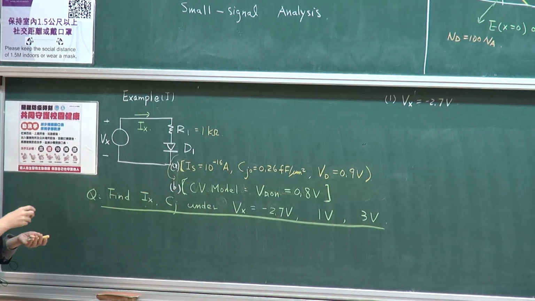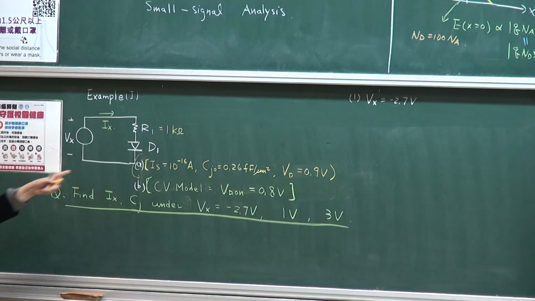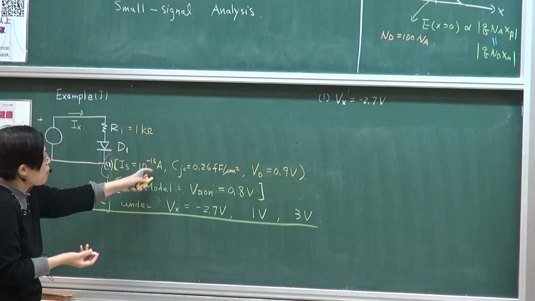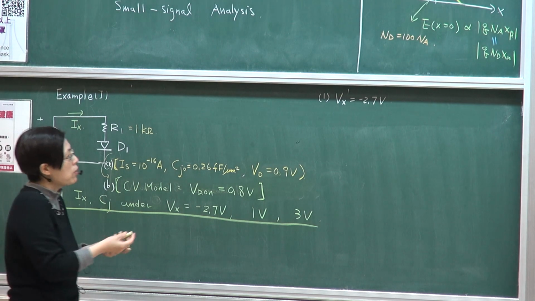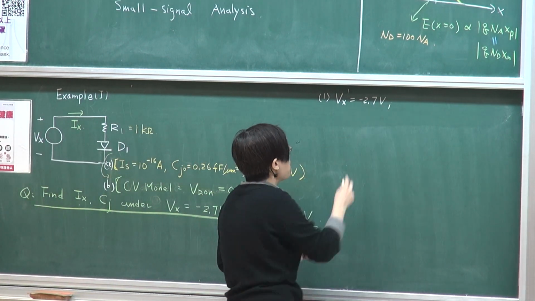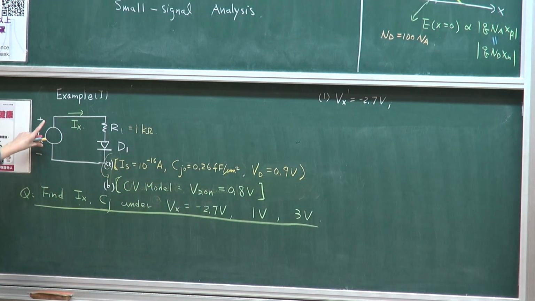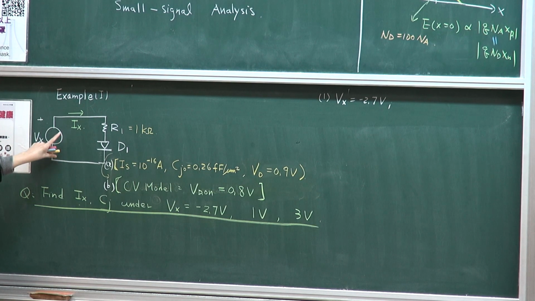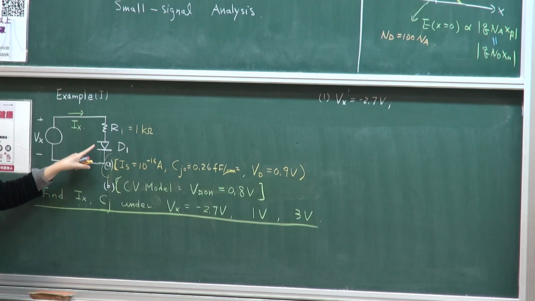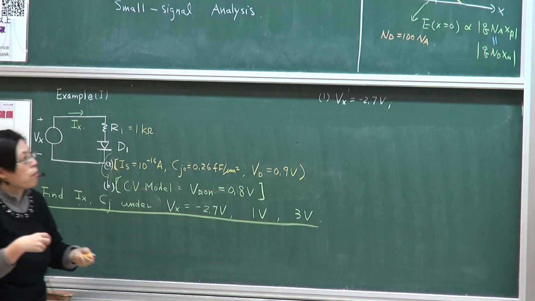So I'm giving you particular numbers because this is actually easier to analyze. The reason I'm using this is that when I'm applying a negative voltage across these 2 terminals, you will expect your diode to be in reverse.